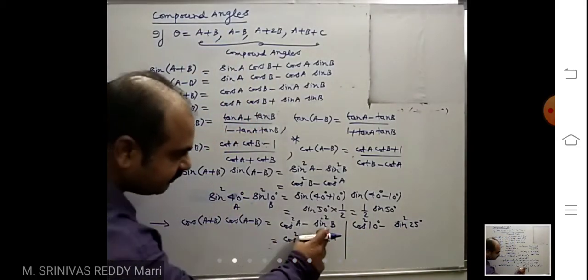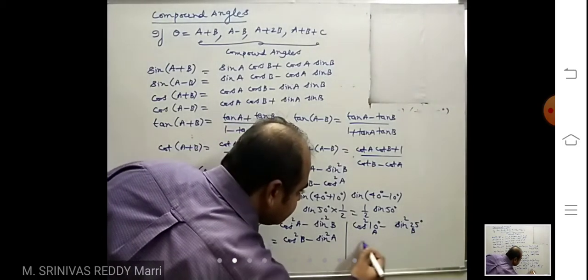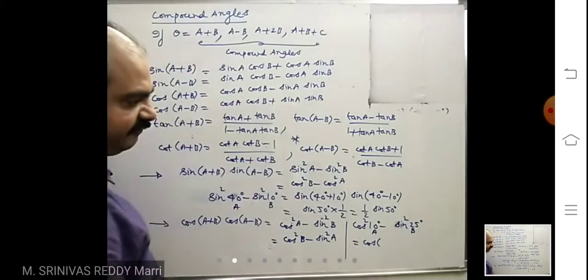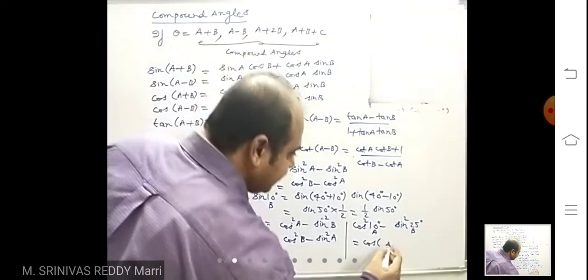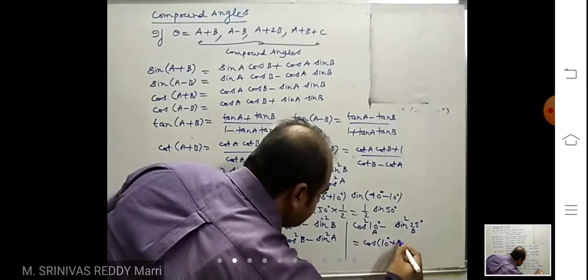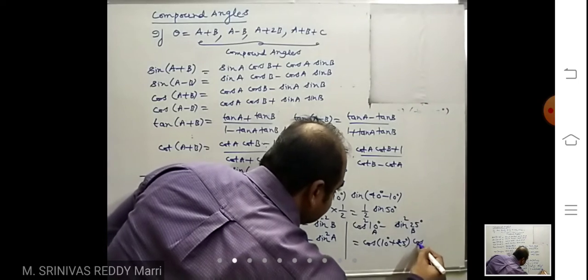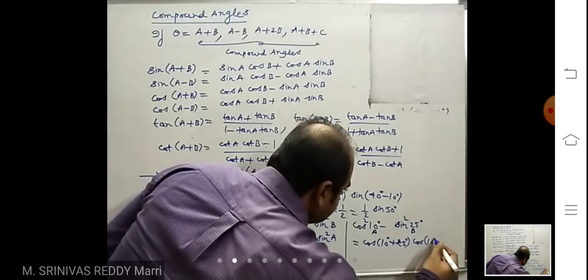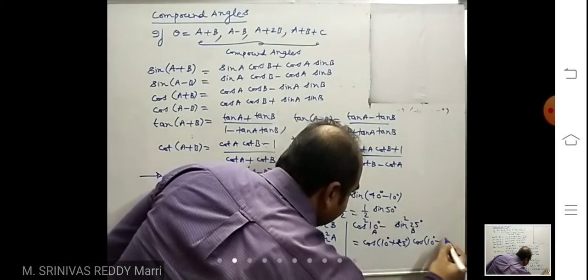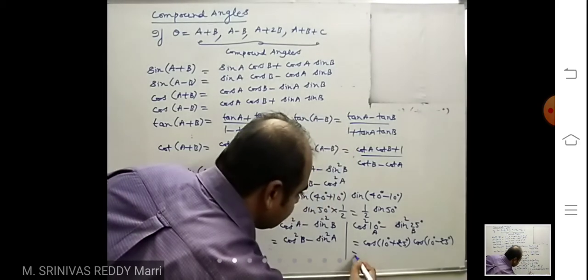Look at cos square A minus sine square B. This is A, this is B. So cos of A plus B, 10 plus 25, into cos of 10 minus 25.